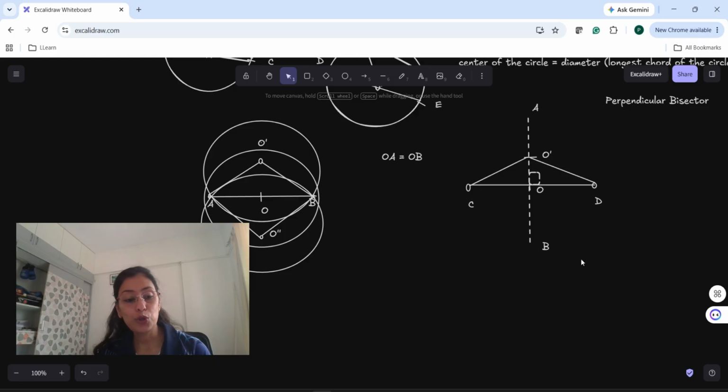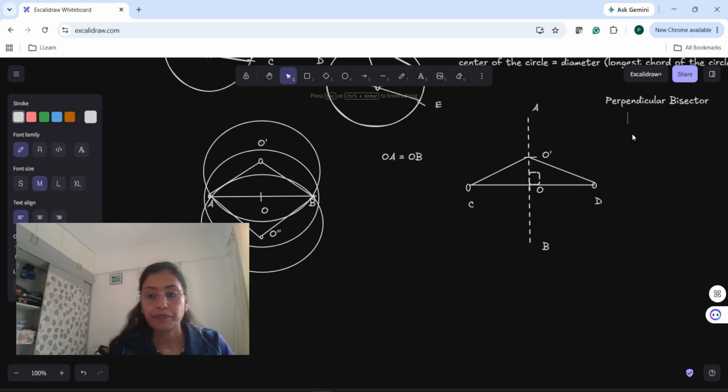If you use the congruency property of the triangle, right? You see here, O dash is the common side for both the two triangles. What two triangles are we looking at?